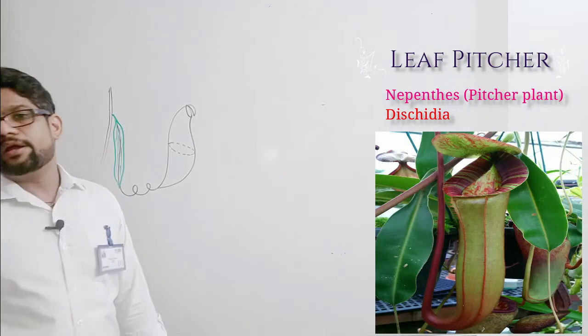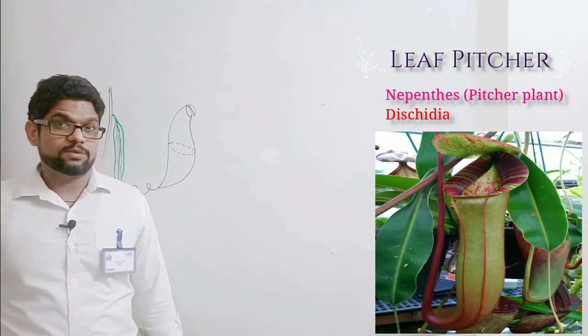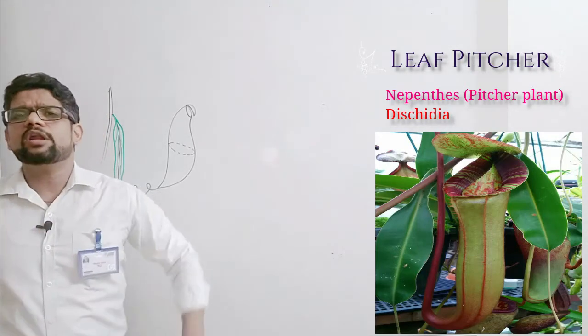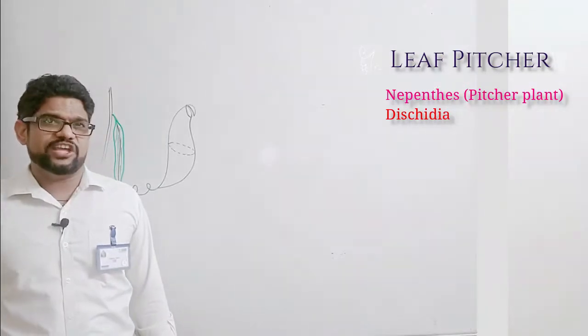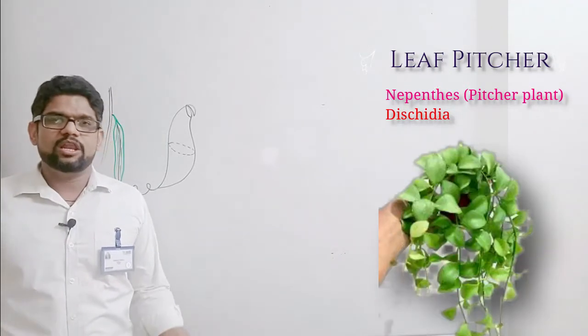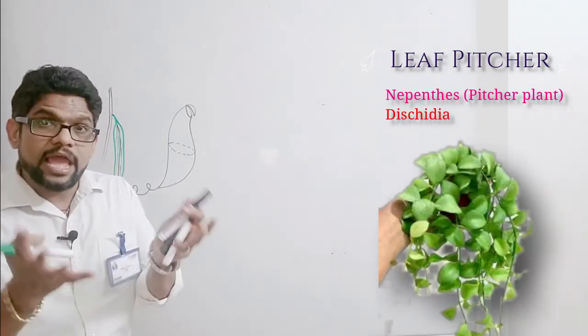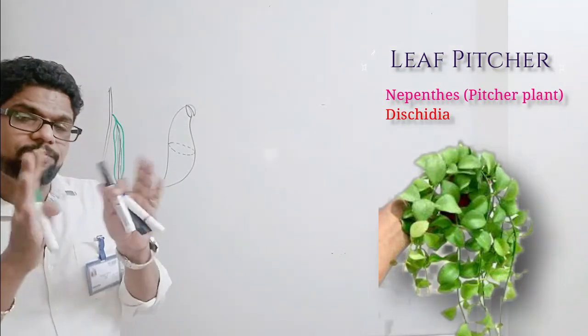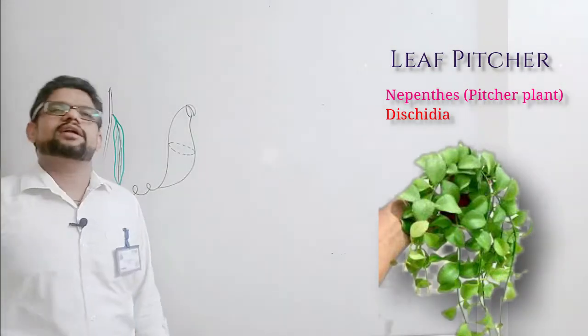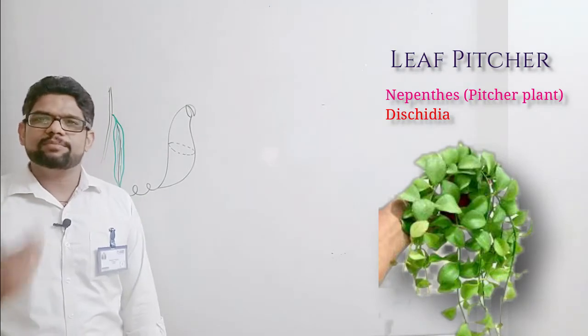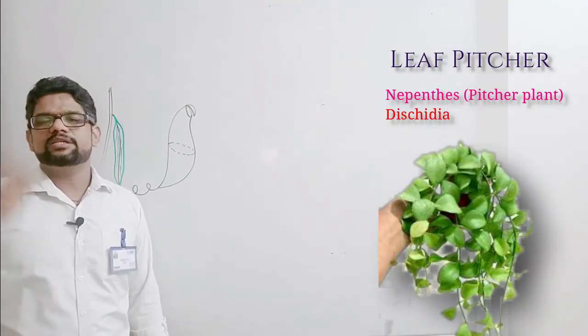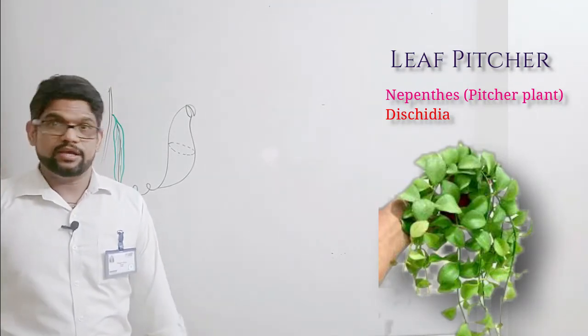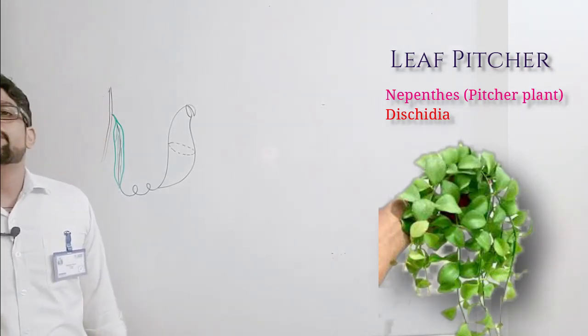Getting around? This condition is in cases of nepenthes. While in a non-insectivorous plant like Dischidia, the entire leaf is modified into a pitcher, completely modified into pitcher, that is in Dischidia. कोई confusion इसमें?